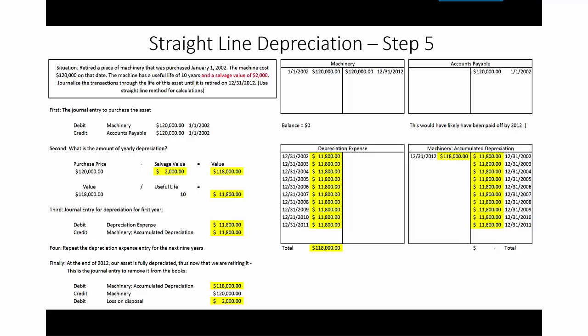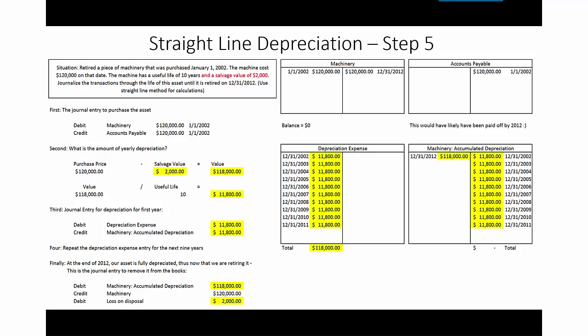So the journal entry in 2012, if we decide to get rid of this piece of machinery and get it off the books, what we will do is debit accumulated depreciation.